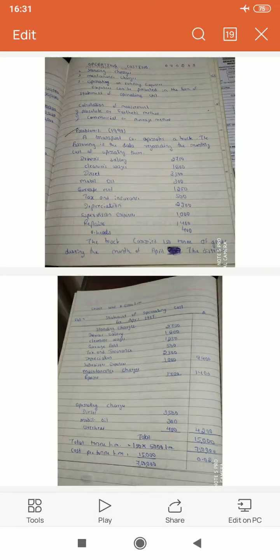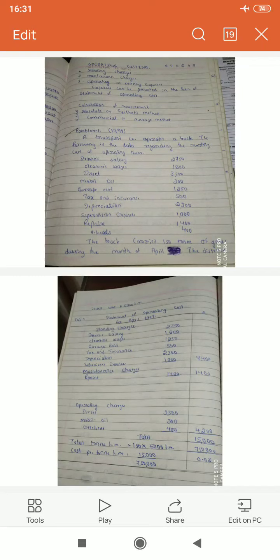Thereupon, the third expense given is diesel. How about diesel? Hope you concur with me. It is but usage of your common sense. Only if the truck runs, then only is there consumption of diesel. Therefore, can diesel be considered a standing charge or a running charge? It can very well be presumed to be a running charge, in the sense that if the truck plies, moves or runs, then only will diesel cost be incurred.